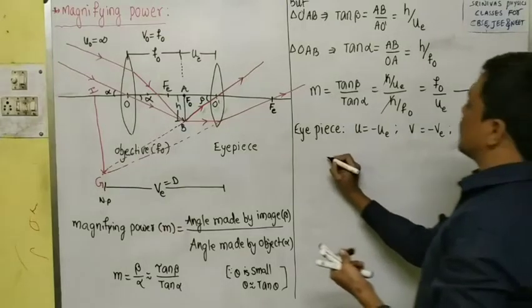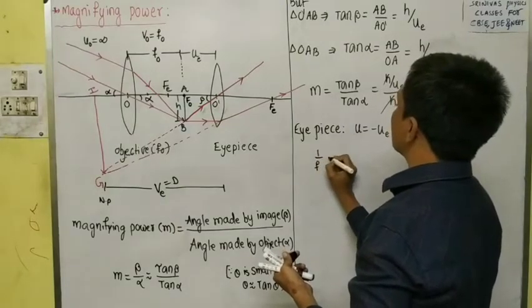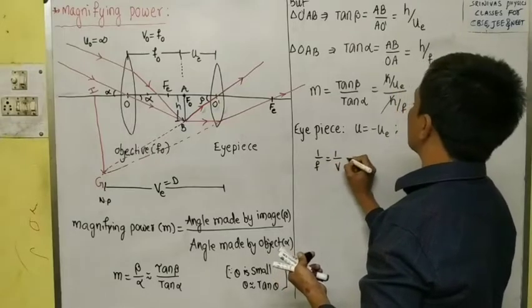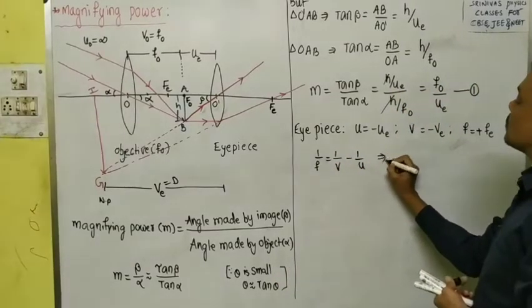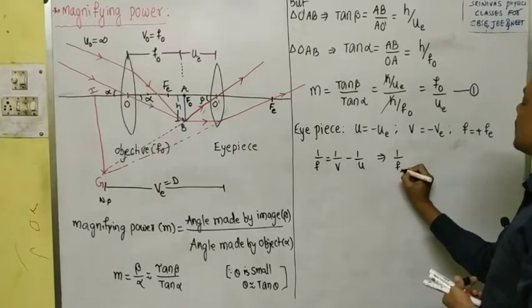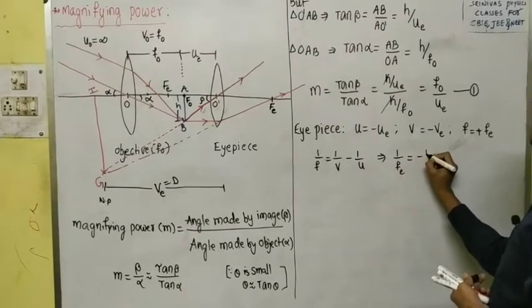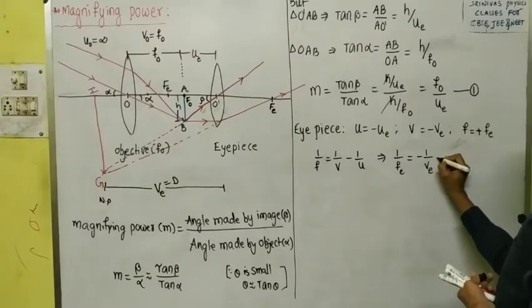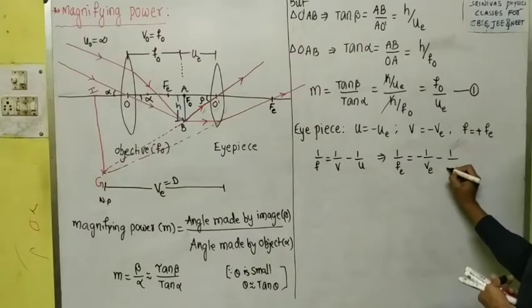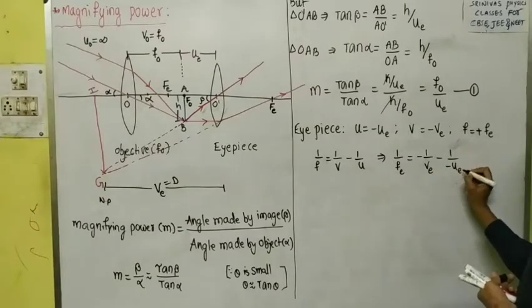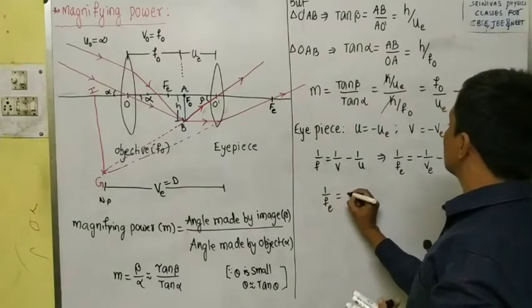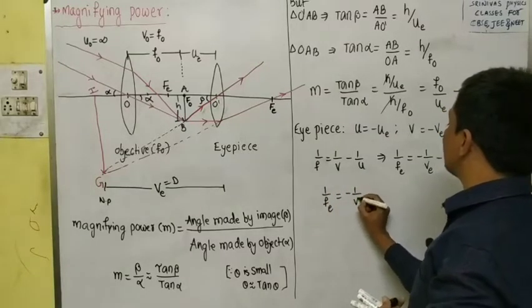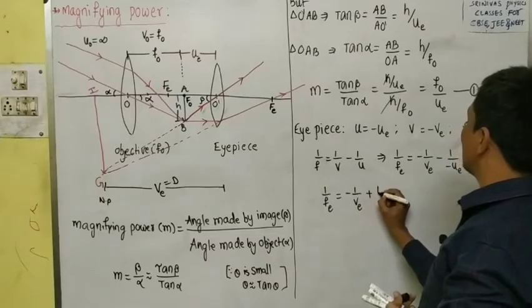Right, let us go for the thin lens formula: 1 by F is equal to 1 by V minus 1 by U. From this you substitute all the values here. F is FE, V is minus VE, and U is minus UE. Now if you simplify this, we will get 1 by FE is equal to minus 1 by VE plus 1 by UE.